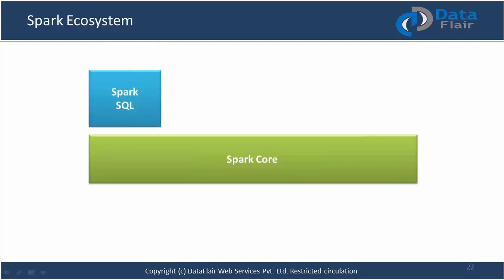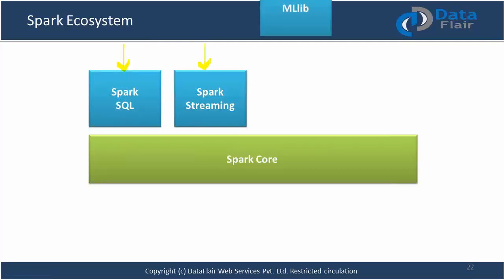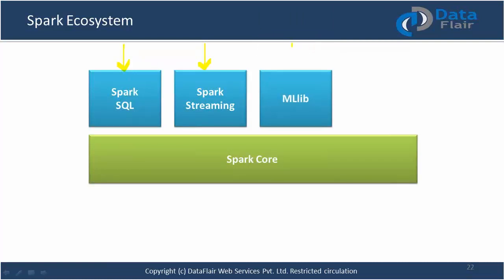On top of which we have Apache Spark SQL, which provides a mechanism for the user to submit SQL queries. Apart from that, we have Spark Streaming, which enables the user to process streams of data, to enable stream analytics. We have MLlib, machine learning libraries, quite rich machine learning libraries are available, using which we can perform various operations like classification, clusterization, and so on.